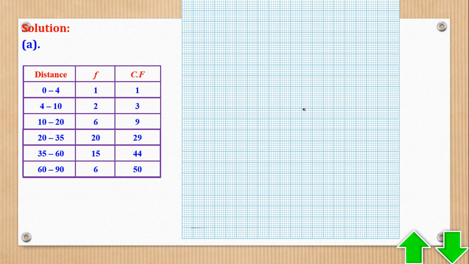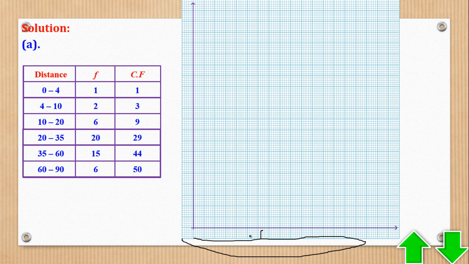How? Make sure you leave only the space where you can write the scale and label the axis. Only that space. On this graph paper, I've left 1 centimeter because some graph papers have this white margin, which can also be used to label the axis.